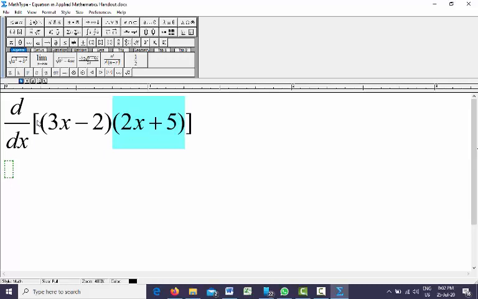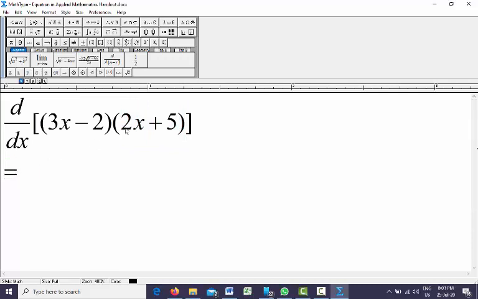Since we do not have any power over this one and also over this one, both of these we could multiply. We multiplied both of these and simplified it before doing differentiation in the first method. So we could do it.